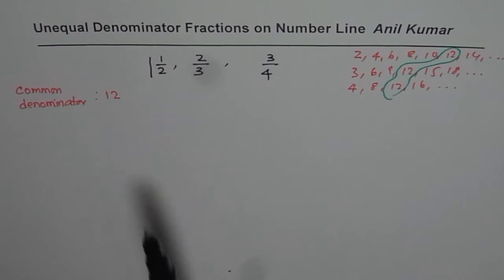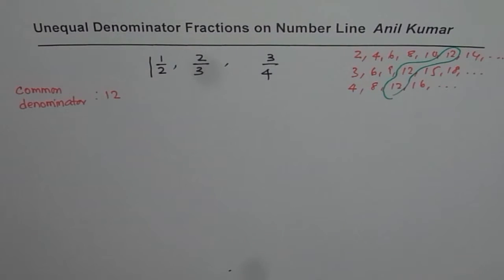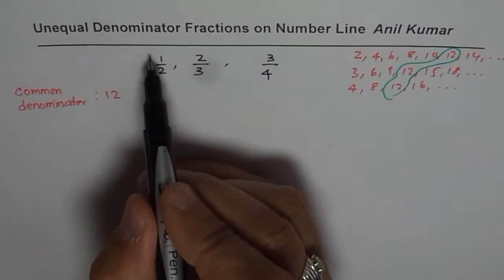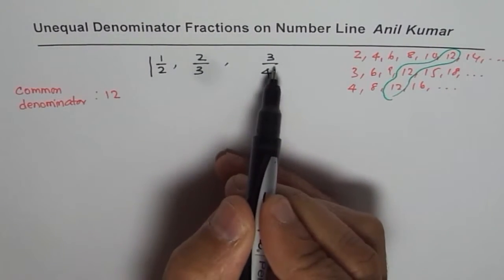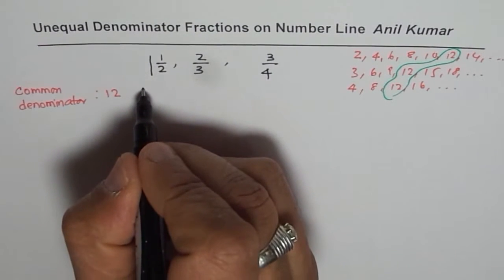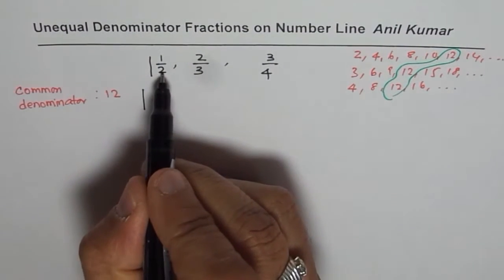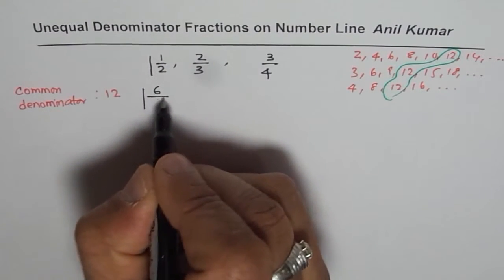Okay, so we have to write all of them with a common denominator of 12. This is 1 whole, so this is more than 1. These are less than 1. So 1 full and then half. We could write this as 1 full, and to make this 12, I have to multiply by 6. So we can write this as 6 over 12.